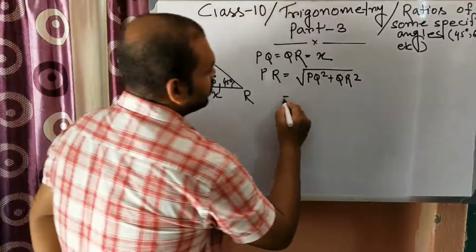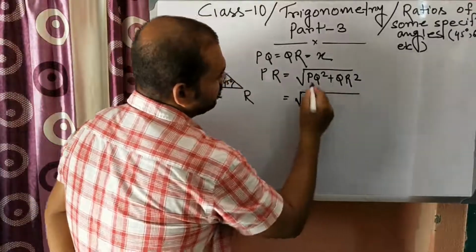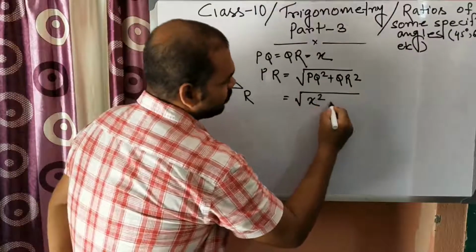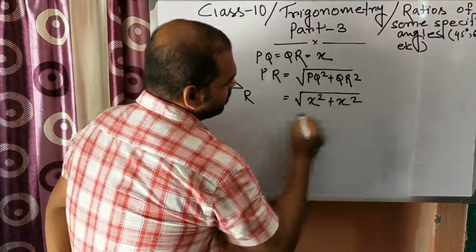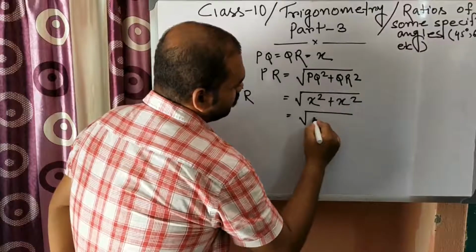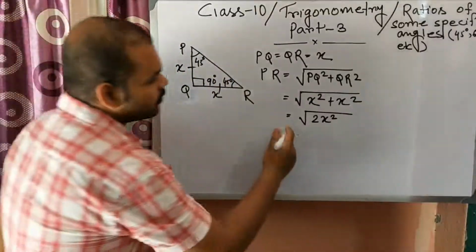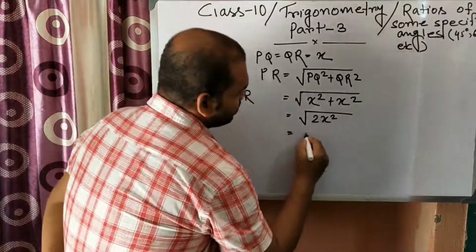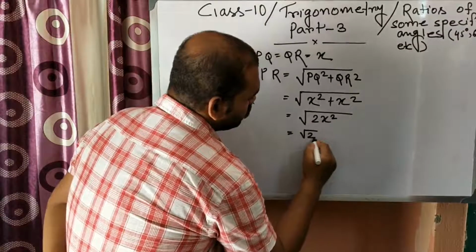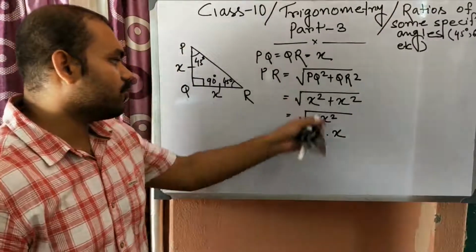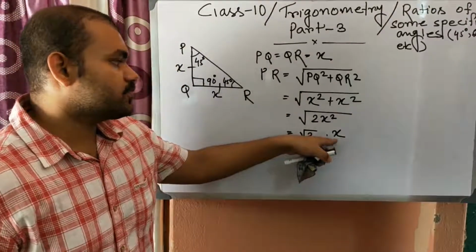So from here, if we put, what is the value of PQ? X. So put the value: x square plus x square will give you root over 2x square. So we can write root 2 into x, because x square comes out of the root and it produces x.